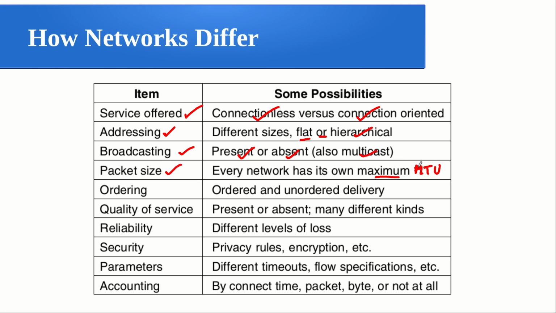In a typical Ethernet, as you may remember, it is 1500 bytes, but in some other network the maximum packet size will be different. Another aspect is ordering, whether the network delivers your communication in an ordered or unordered way. If order matters, then even though things arrive unordered, the receiver is supposed to order them. Such difficulties exist.